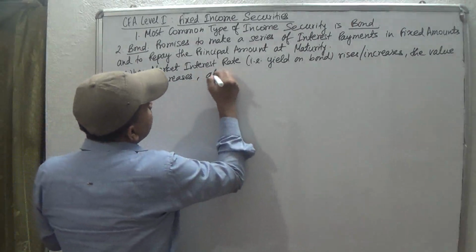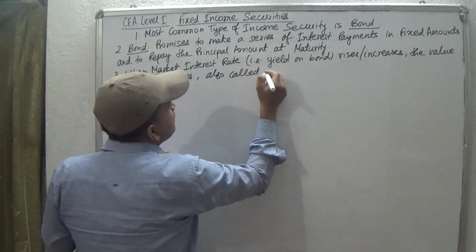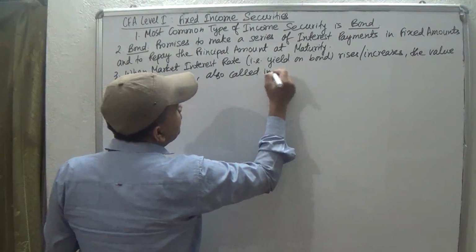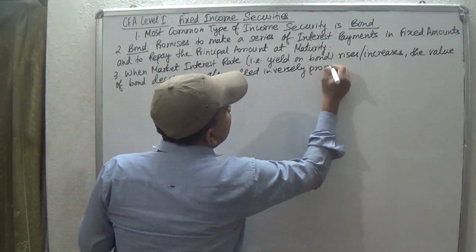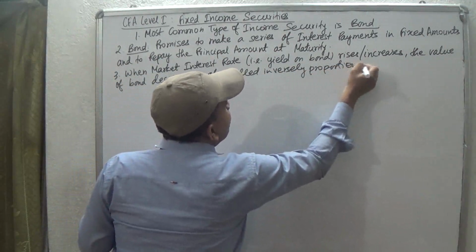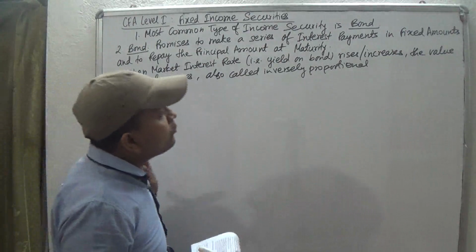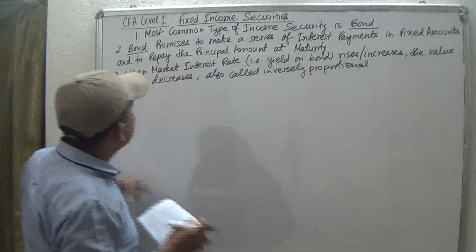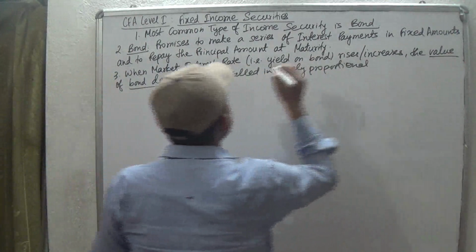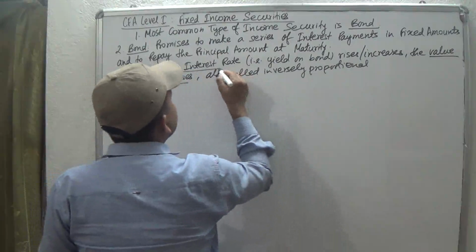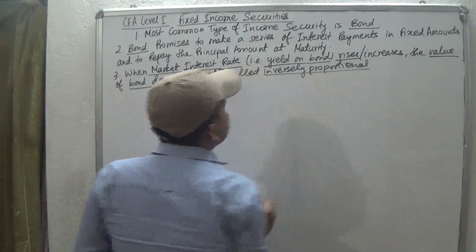This is also called inversely proportional, which means whenever the market interest rate or yield rises, the value of the bond will decrease. That is known as inversely proportional.